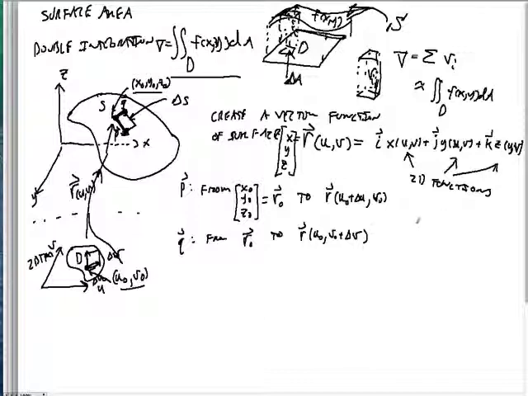So now I'm going to blow up our little picture there. So there's our p vector, starting at what I'll call the r0 vector. Oh, sorry, I'm mislabeling this.